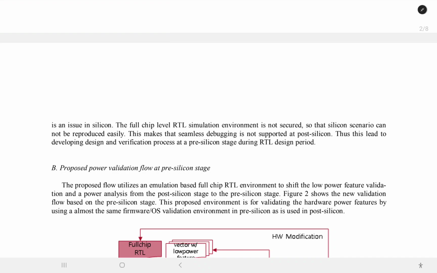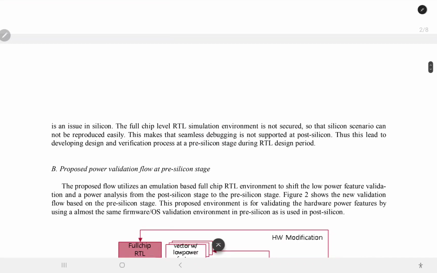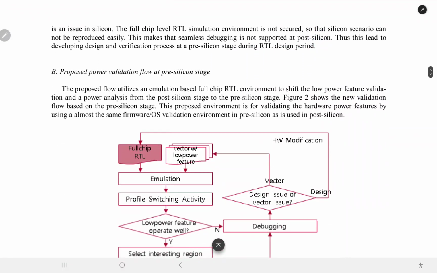This means that seamless debugging is not supported at post-silicon. Thus, this leads to developing the design and verification process at the pre-silicon stage during the RTL design period.